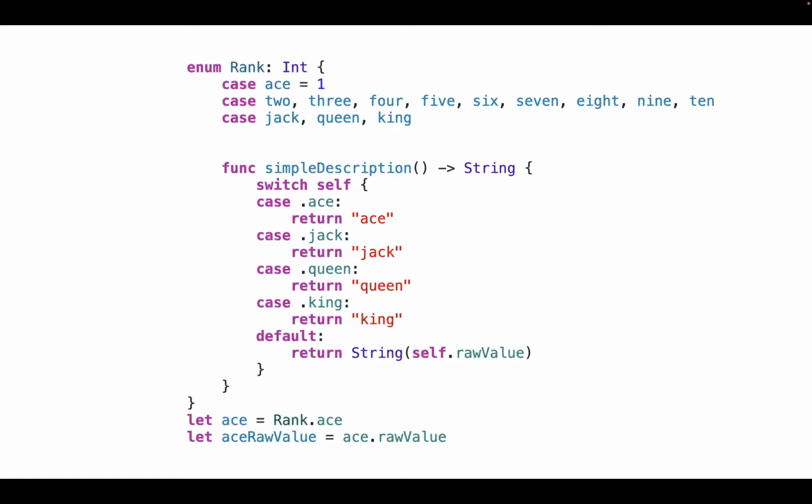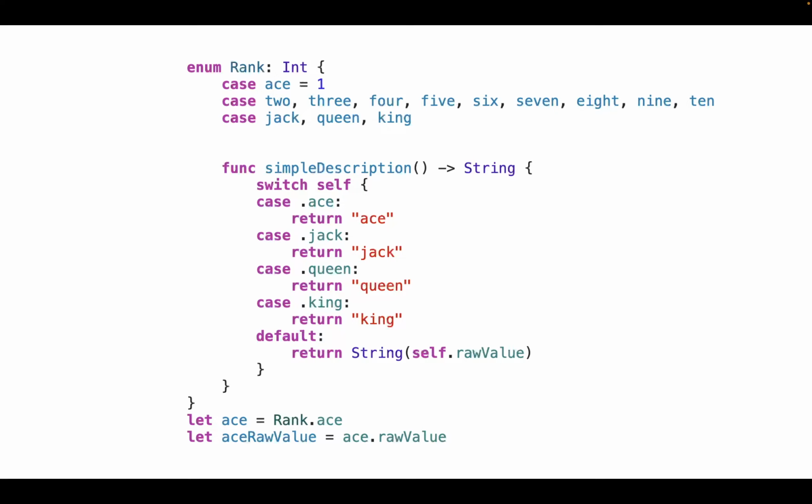So in Swift development, protocols, which are interfaces in other languages, combined with value types like enums and structures, are a lighter and more convenient choice, unless your logic really requires using references. Returning to this example, because enum is also a value type, you can also add functions to it. In the simple description, we're returning different descriptions of the cards by switching on the instance itself.